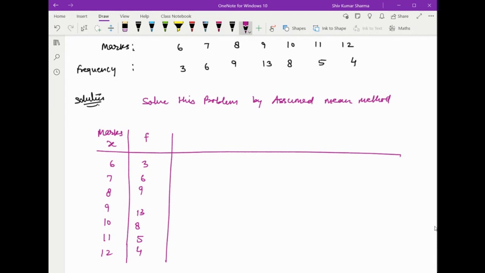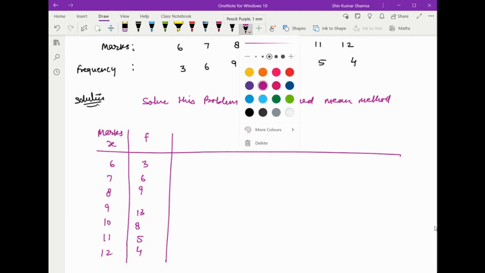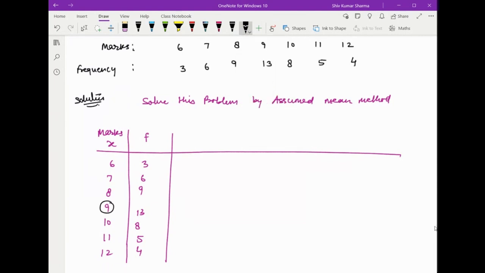Third, we use the assumed mean. The number of values is 7, so we consider the middle value as the assumed mean, or you can consider any one of them. So we consider 9. Let the assumed mean A be equal to 9.